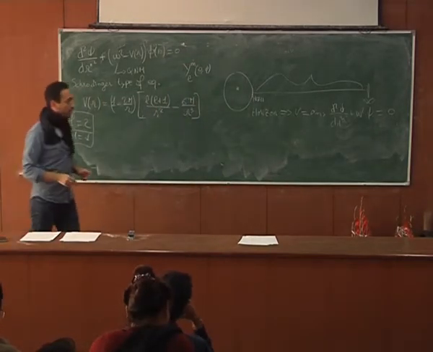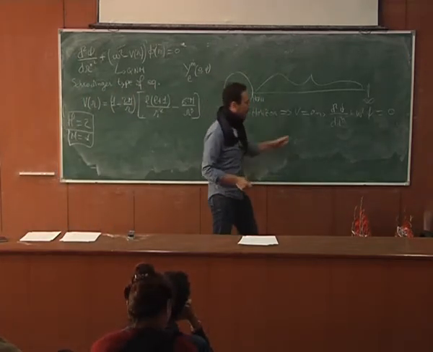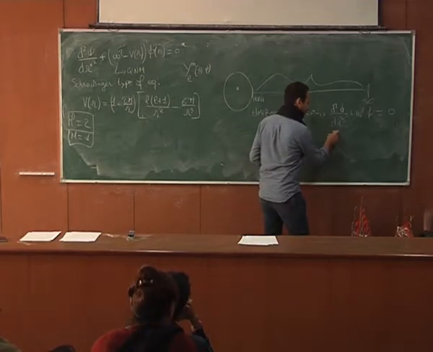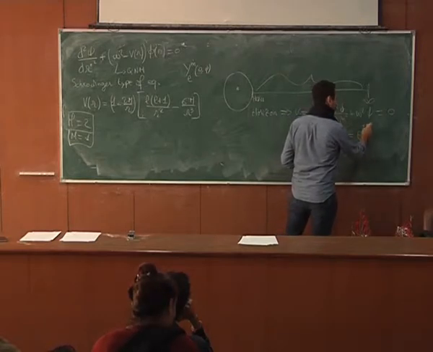Okay, so this is the equation that I have near the horizon. So if I'm coming very close to it, I have this equation. Now this equation has two solutions, which are exponential of plus or minus i omega r.